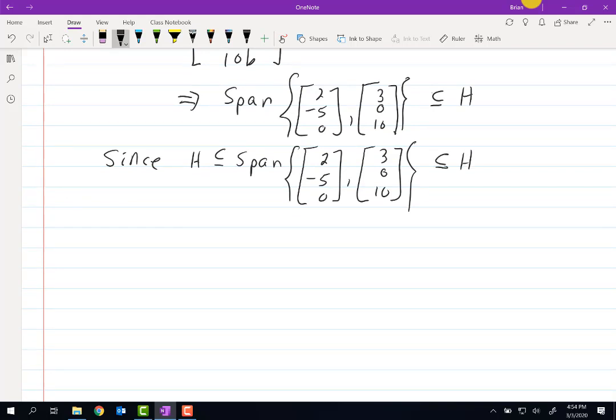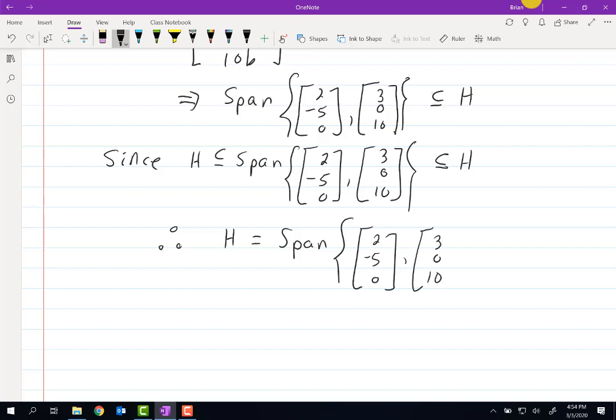That thing is a subset of H. Therefore, H equals the span of 2, -5, 0, 3, 0, 10. Another therefore. Therefore, H is a subspace of R3.